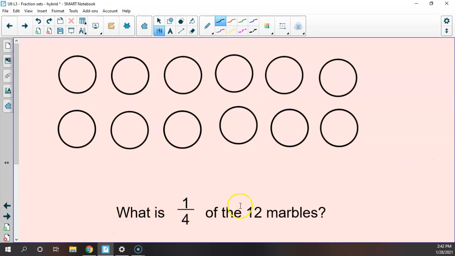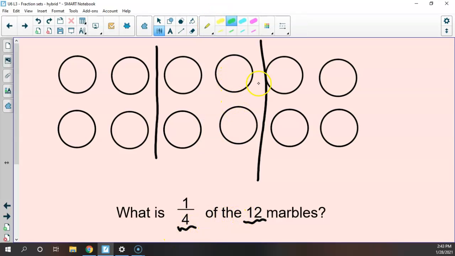Oh my goodness, now we have 12 marbles. What is 1/4 of the 12 marbles? So once again, I'm going to split them into sections of 4 because that's my denominator. That way I can shade 1 in each group of 4. So I'm going to split it like this. So I have 1, 2, 3 groups of 4. And that does equal 12 because 3 groups of 4 is 12. So in each one, I need to shade 1 marble.